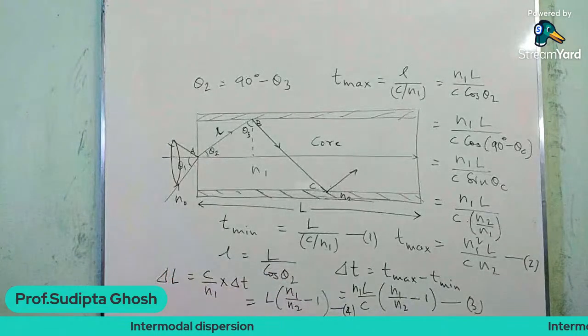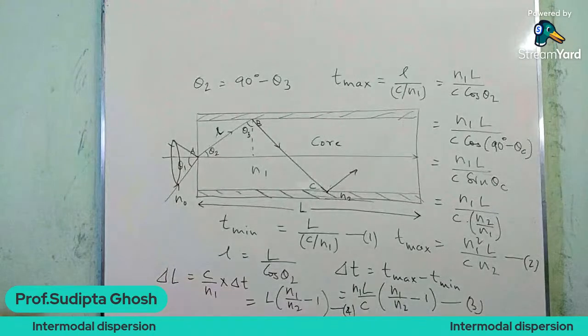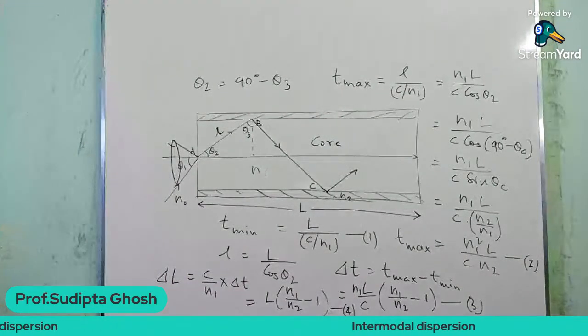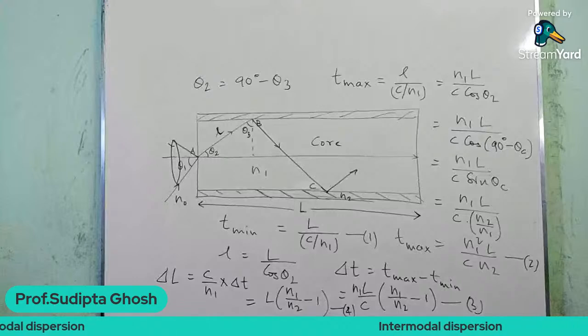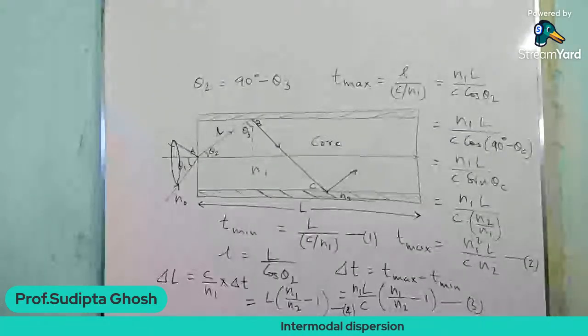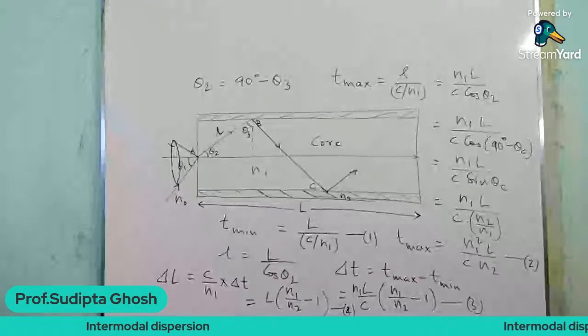I have derived this and shown you the spread of the pulse because I have already told you time and again that the information to be transmitted through the fiber is usually digitally coded and sent along the fiber as a series of pulses.